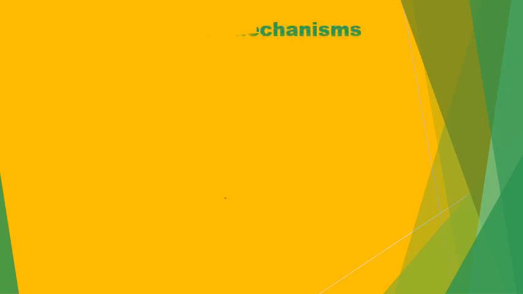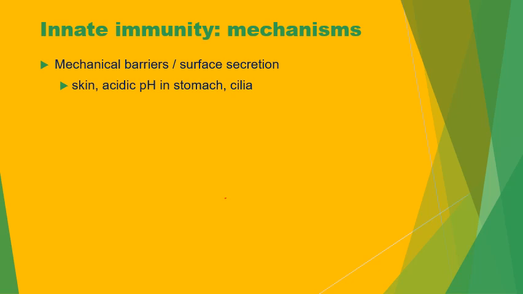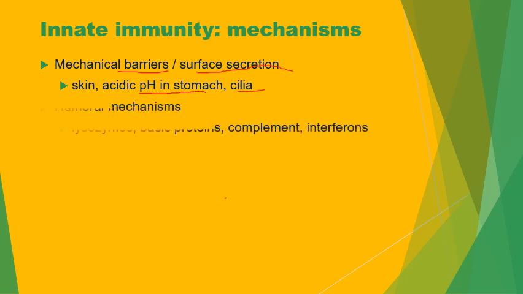Mechanisms of the innate immunity. Mechanism number one is mechanical barrier or surface secretions. This includes the skin, the acidic pH in the stomach that kills bacteria, and the cilia along the respiratory system. Mechanism number two is humoral mechanism.